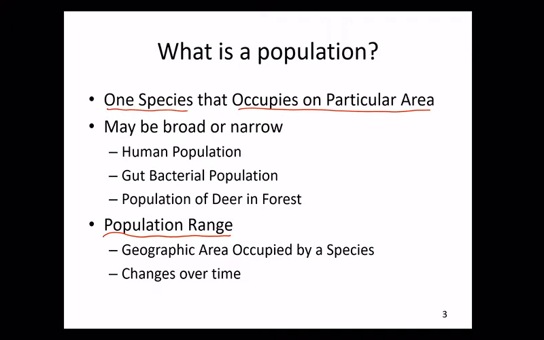We could talk about the human population in the United States, or in Western Pennsylvania, or Westmoreland County, Pennsylvania. So wherever we're defining that is going to define from very narrow to very broad. So our definition of the area when we study population becomes very important.